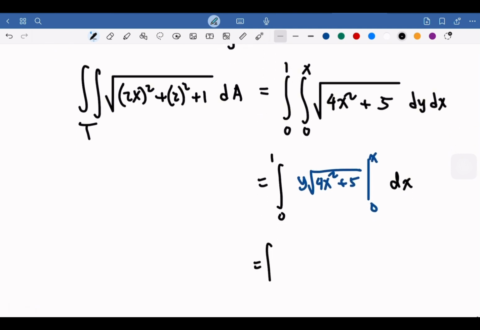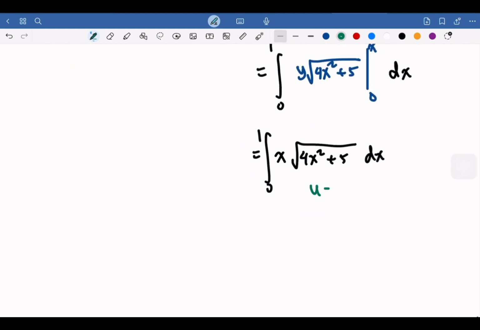So we have x, and then we have 4x squared plus 5, and all the methods in the integration you should be familiarized with. So this should be taking u as 4x squared plus 5.